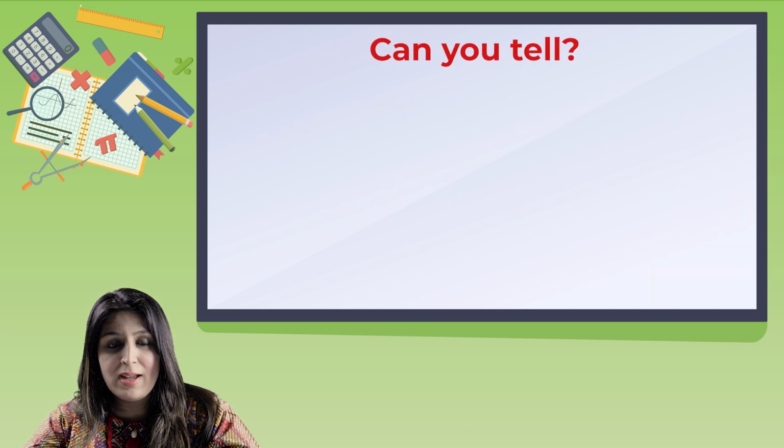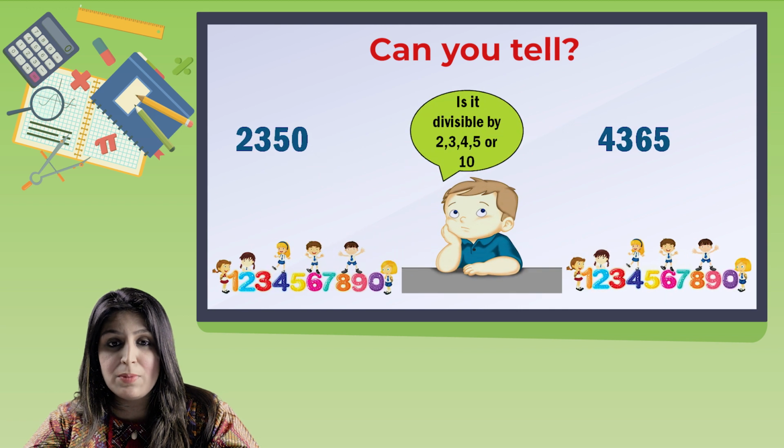Can you tell by looking at these numbers whether they are divisible by 2, 3, 4, 5 or 10? Here it is, 2350. When I look at this number carefully, I'll find that this number is actually divisible by 2, 5 and 10. You know why?